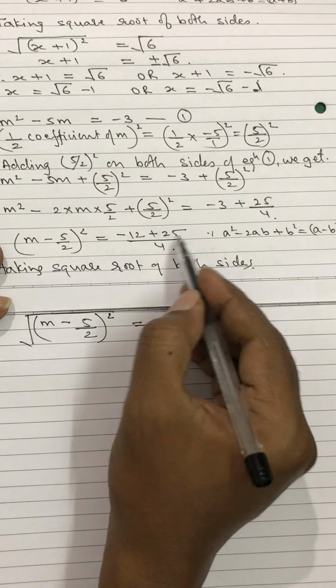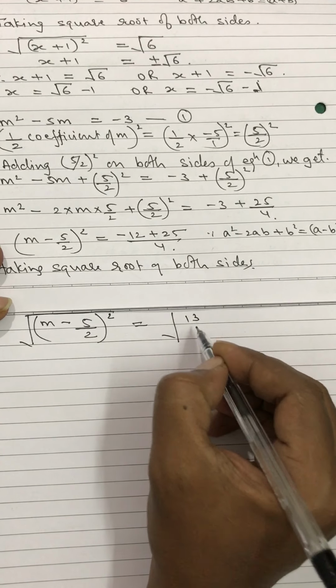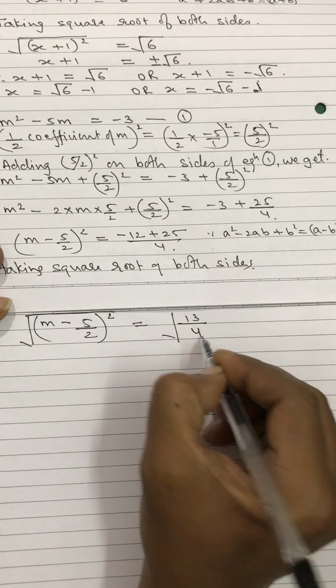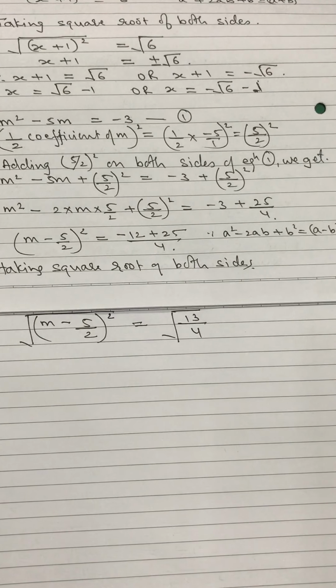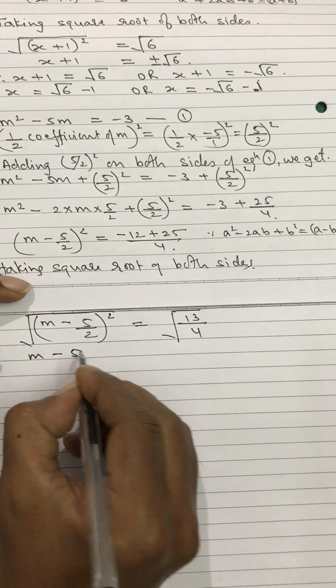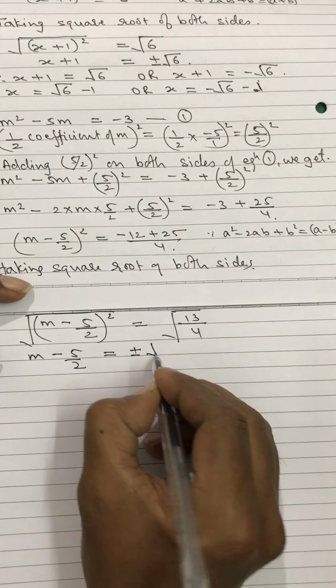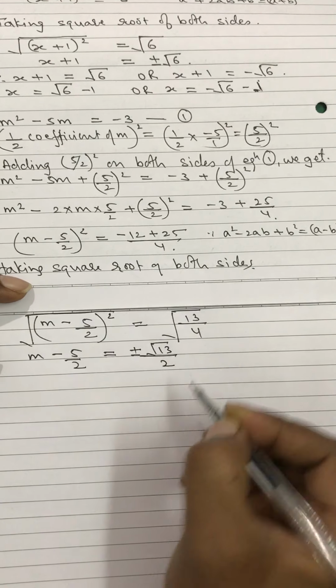If I subtract, 25 minus 12, that is 13, I suppose. Square root of this. So now if I solve this, I'll get m minus 5 upon 2, square root and square both will go, plus minus root 13 upon 2.